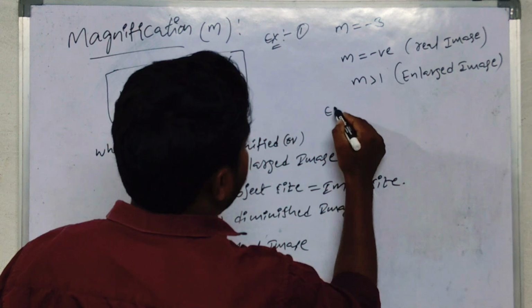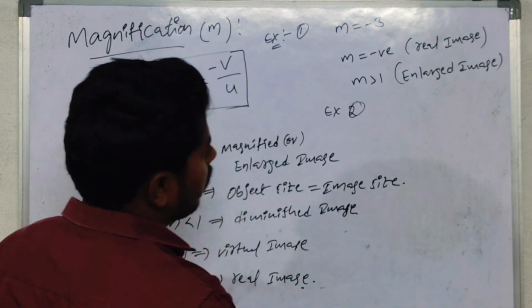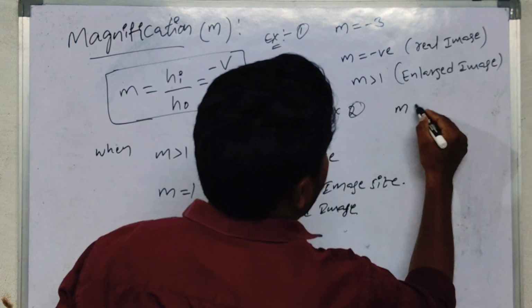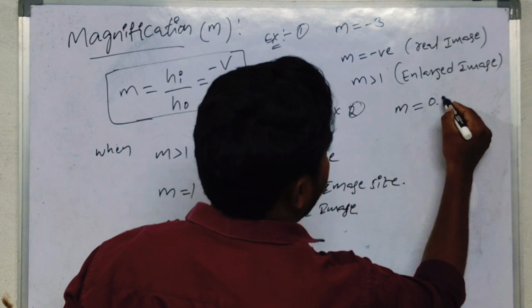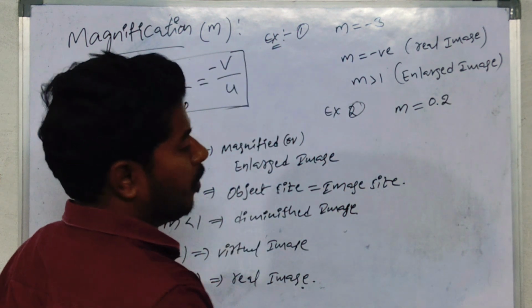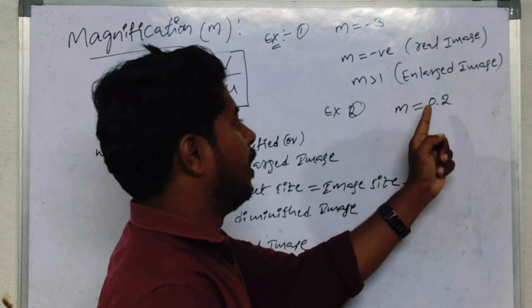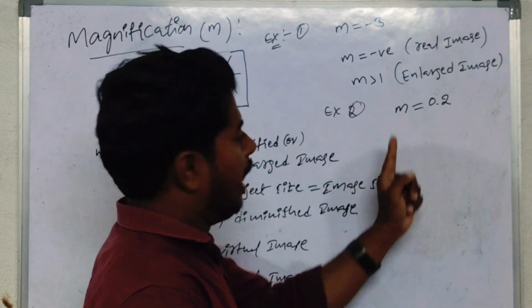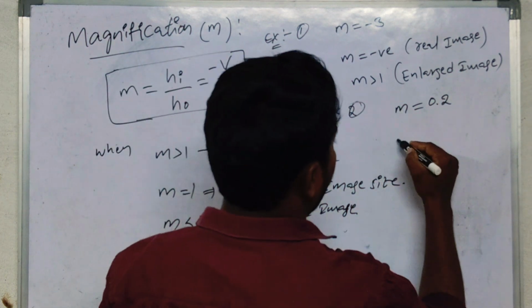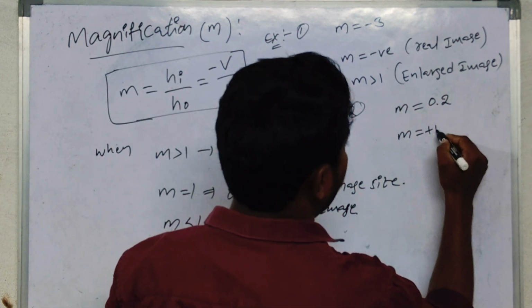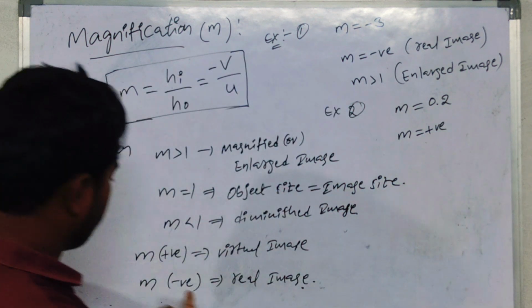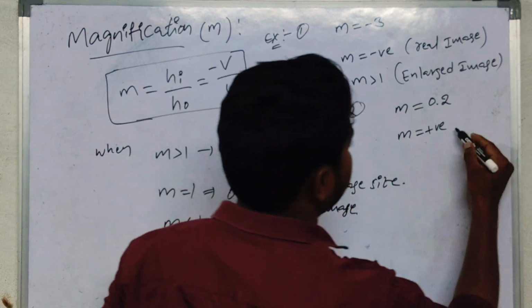Let me take one more example. When m equals 0.2, we have to observe the sign and the digit individually. So m is positive, which means a virtual image.